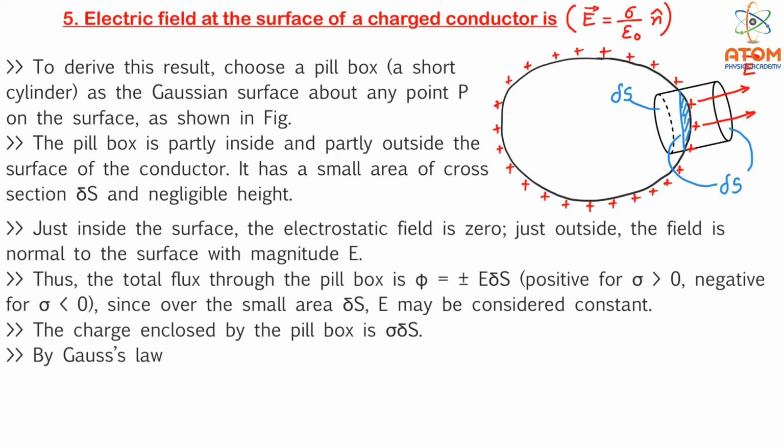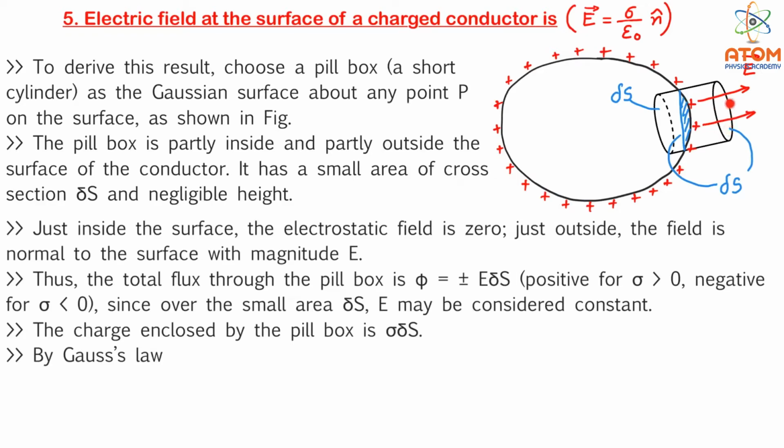The electric field is coming out from this surface only, so here the flux will be equal to E into delta S. There is no electric field coming out from this surface or this surface. Only this is the portion from where the electric field is coming out.